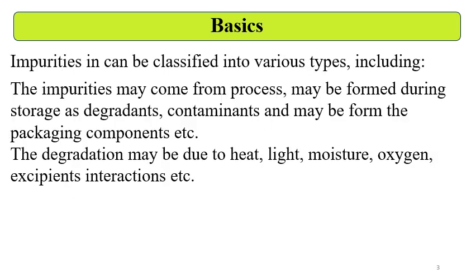Then impurities are generally classified into various types. The impurities may come from the process, may be formed during storage as degradants, contaminants, and may be from the packaging components. In some of the liquid formulations, leaching may happen from the container, so those types of impurities get introduced.